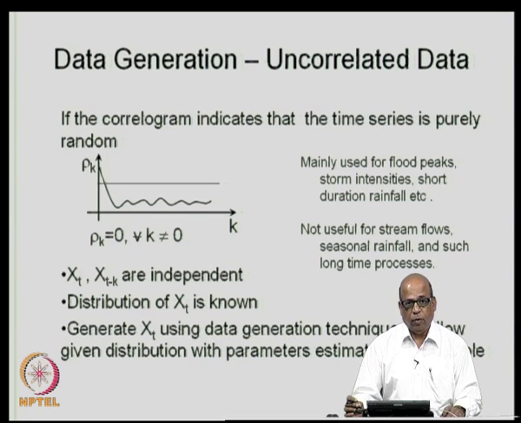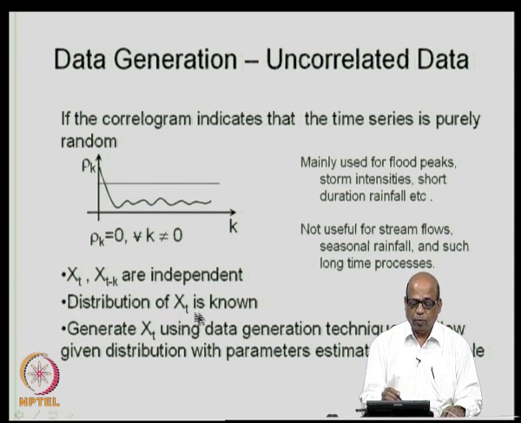So, if you notice from the correlogram that for all k not equal to 0, the rho k's are all statistically insignificant, then you can say that the data is uncorrelated, in which case if your distribution for x t is known, let us say that x t follows a normal distribution or a log normal distribution or gamma distribution, etc. So, if your distribution for x t is known or can be estimated from the observed data of x t along with its parameters, then what do we do?